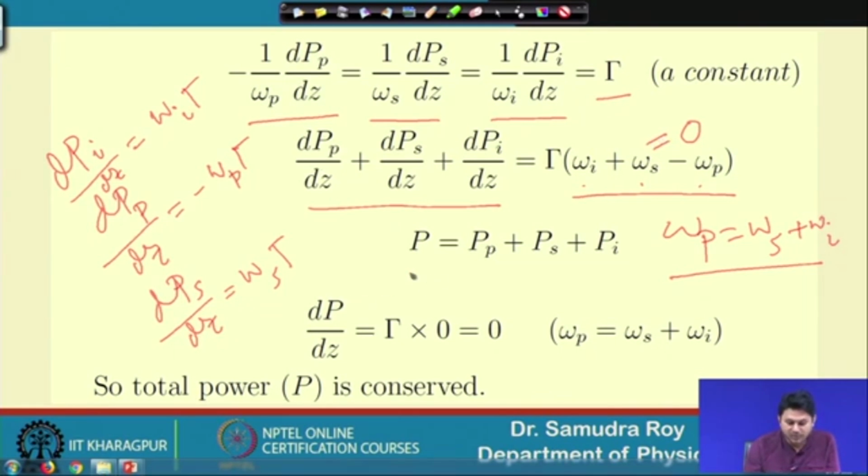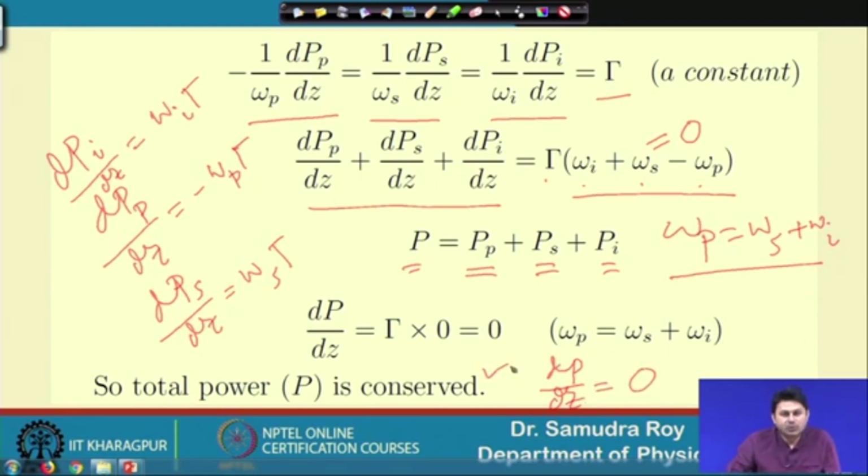So, the total power, if I write P plus Ps plus Pi, then this equation is nothing but d/dz of P, where gamma is multiplied by this quantity which is 0. So, eventually we have dP/dz, where P is the total power, equal to 0, or the total power is conserved.